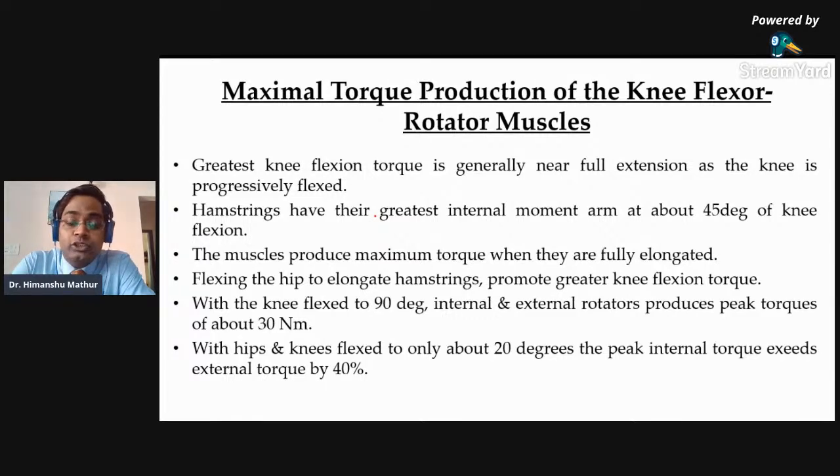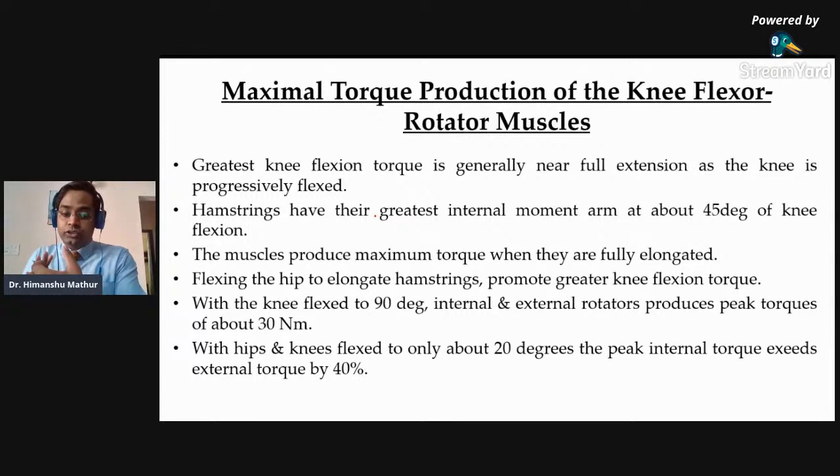Now, with the knee flexed to 90 degrees, the internal and external rotators produce peak torques of about 30 Newton meter. In a very early session yesterday, I told you that some books say the tibia can rotate in the transverse plane also.